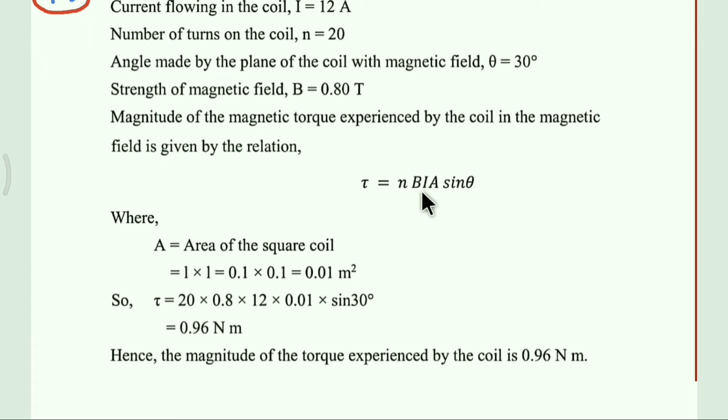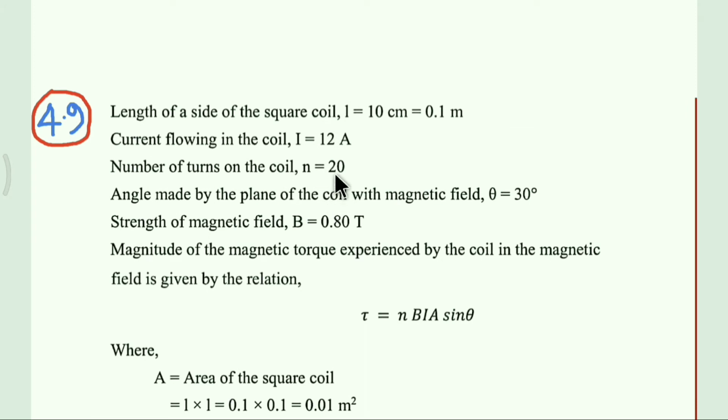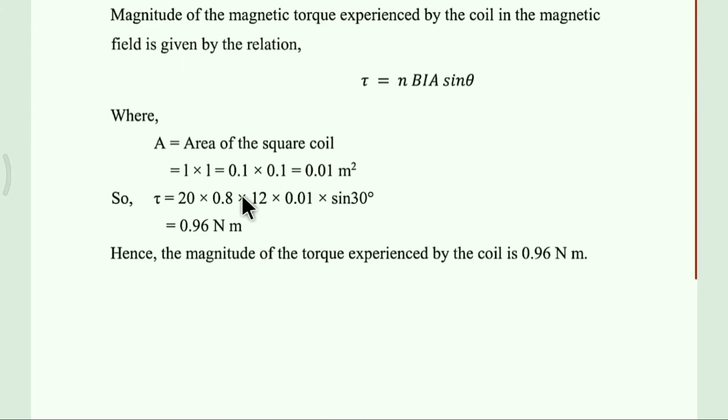According to the formula, tau will be 20 into, you can see n is equal to 20, then 20 into B is 0.8, I 12 ampere, A 0.01 meter square, and sin 30 degree comes out as 0.96 Newton meter.